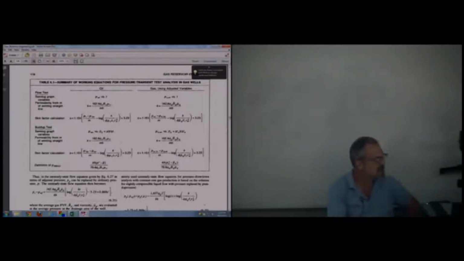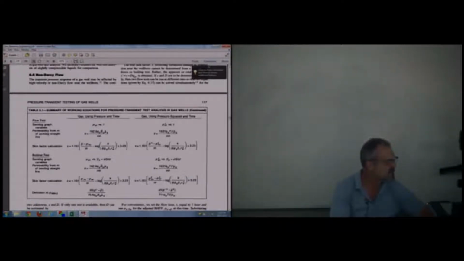Here's the oil, and you can see this 162.6 coefficient remains the same if we're using gas. But we have to use gas formation volume factor, in reservoir barrels per MCF, because our rate is now in MCF a day, and over here it's in stock tank barrels per day. So we've got to move on down to 6.1 continued.